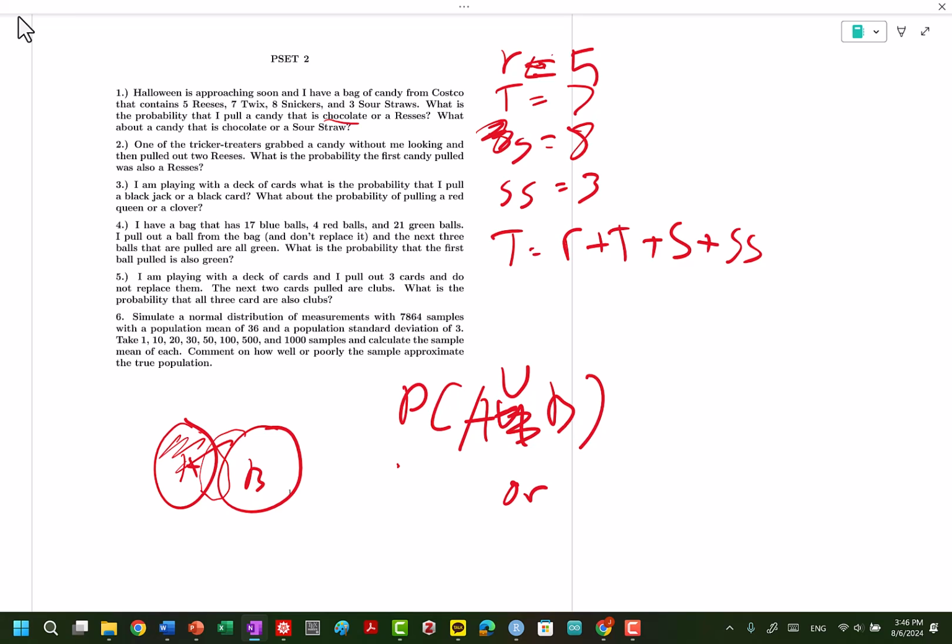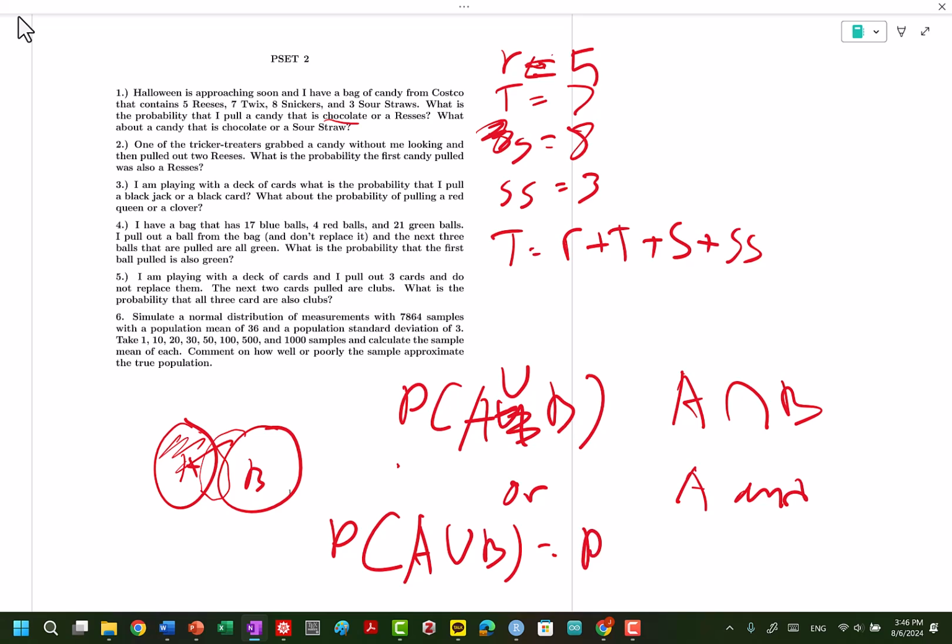If they're not mutually exclusive, we're going to have to look at our intersection, which is going to be A and B. So if we have mutually exclusive events, the probability of A union B is just going to be equal to the probability of A plus the probability of B happening.